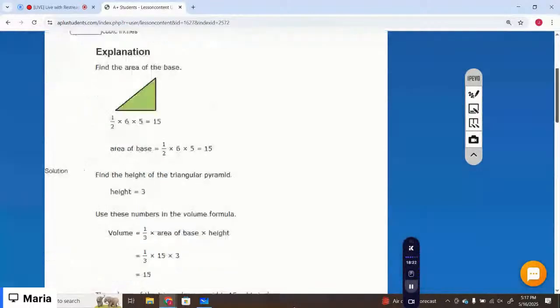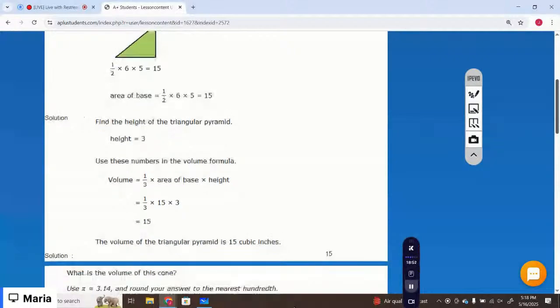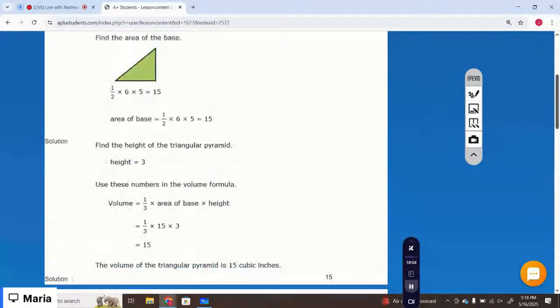So that is 15. Then you have to calculate the volume of the pyramid. That is 1 by 3 times area of base times height.